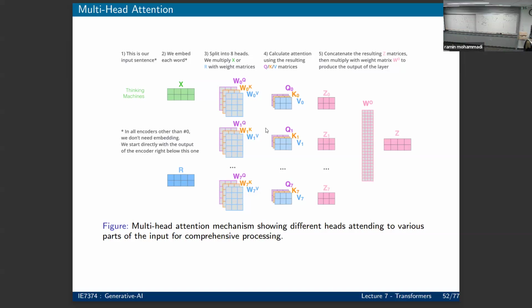Think about it, you have multiple heads. Every head gives you an output. So the output of this head is, let's say, because you have 2 words, 2 by 3. The output of the next head is again 2 by 3, and so on. At the end, what you would do is stack these on top of each other, depending on how many heads you have.